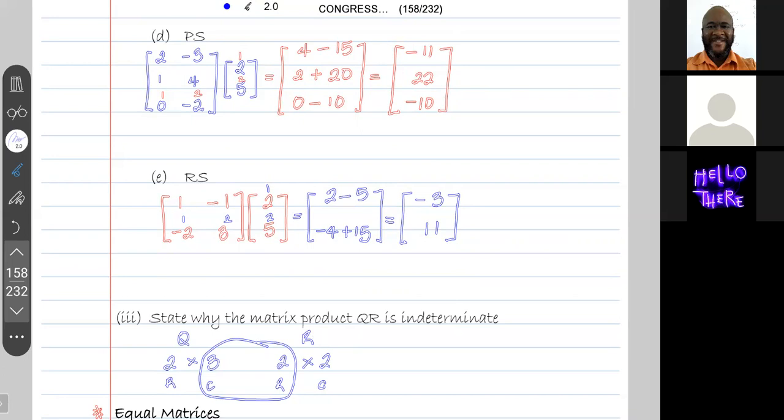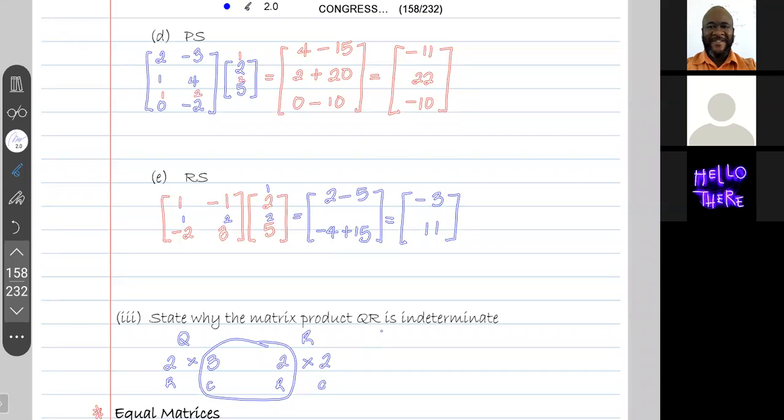What we'll notice here is that the number of columns in the first matrix is 3, and the number of rows in the second matrix is 2. So since these two values are not the same, the matrix product QR is not compatible.